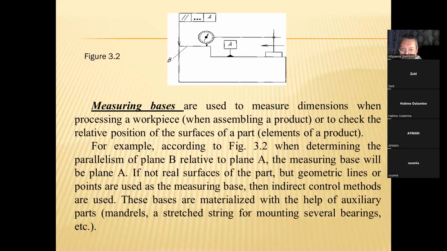These bases are materialized with the help of auxiliary parts, mandrels, a stretched string for mounting several bearings, etc.